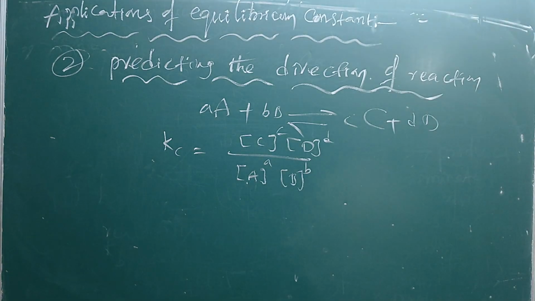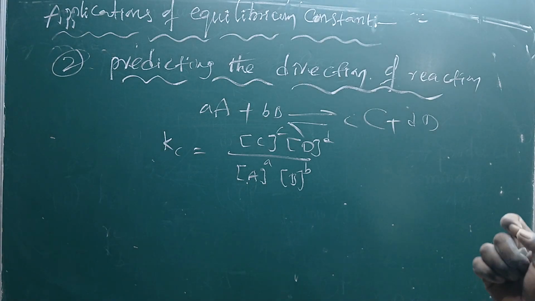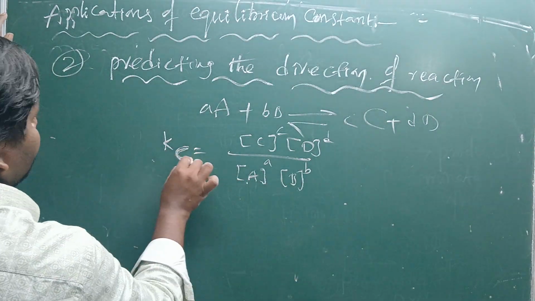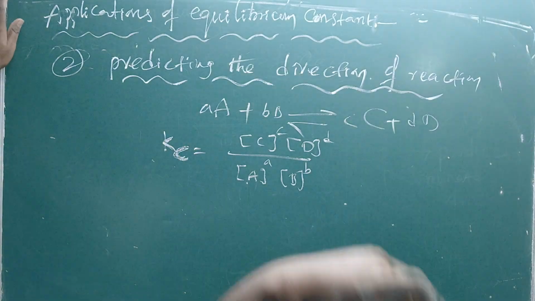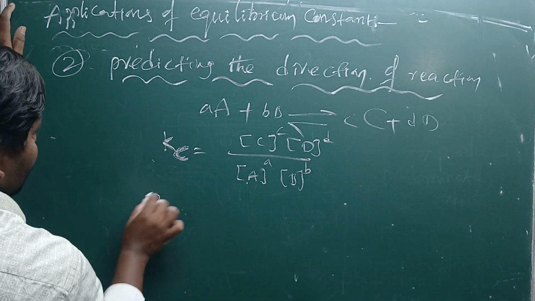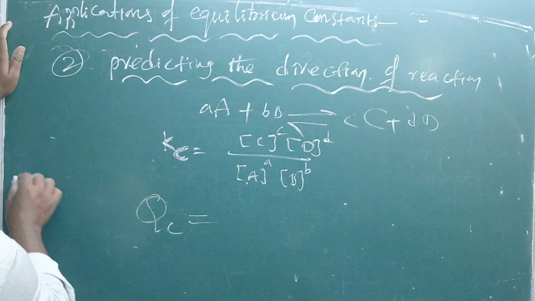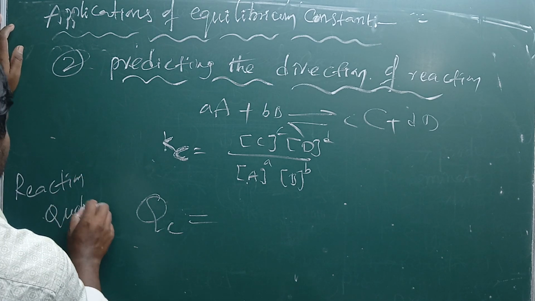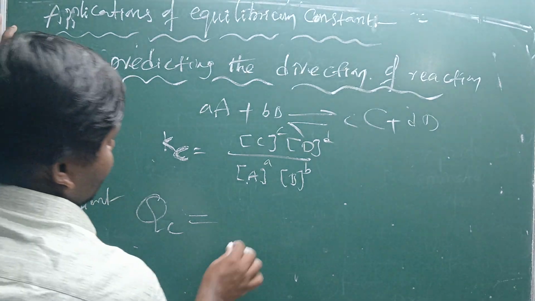From the knowledge of the equilibrium constant, it is possible to predict the direction in which the net reaction takes place at a given concentration or partial pressure of reactants and products. Kc indicates the equilibrium position only. At each point of the reaction, we can use one more term, that is reaction quotient, denoted by the symbol Qc.